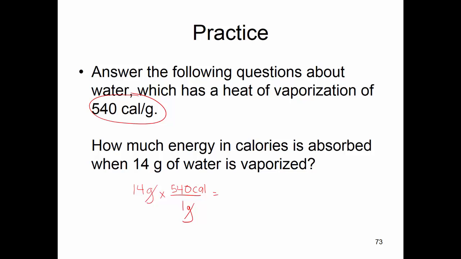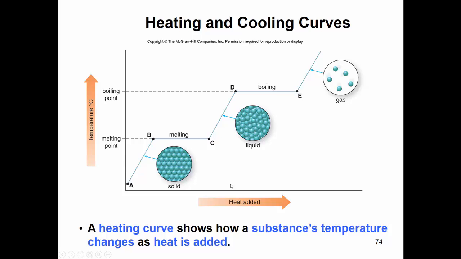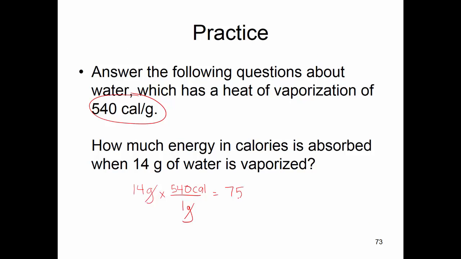So we get 7,560 calories. Same basic idea as with heat of fusion. This is just with heat of vaporization. So we're converting a liquid to a gas in this situation. And like I said, for my class anyways, you'll be given these heats of vaporization. So really it's a one step, just multiply and find the energy in calories, and that's it.